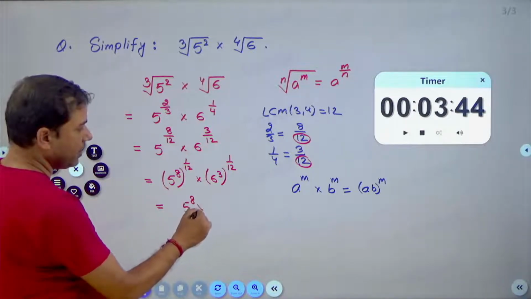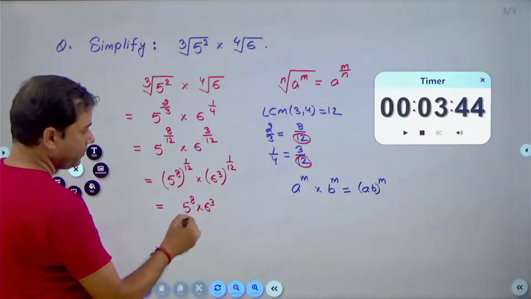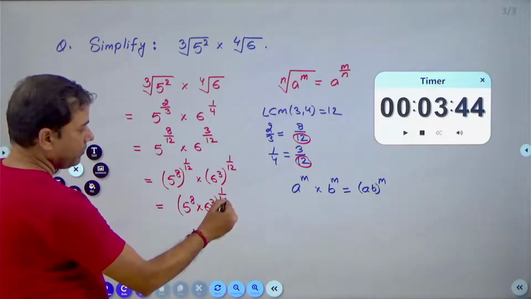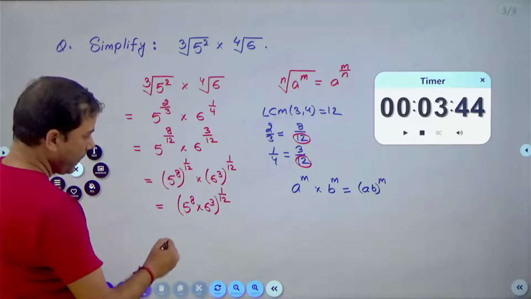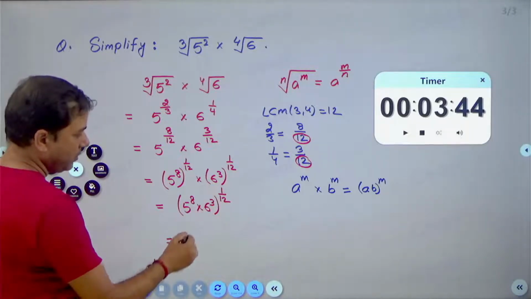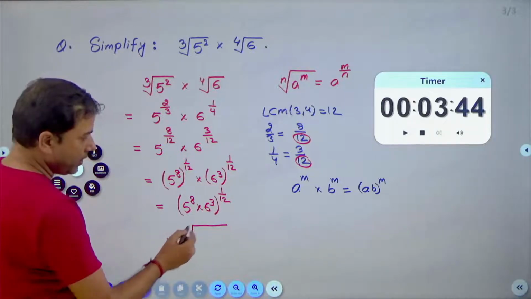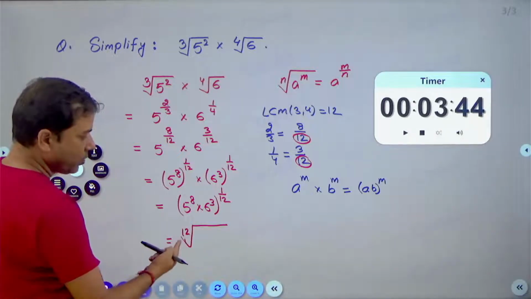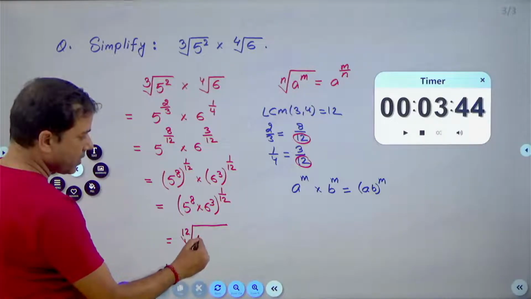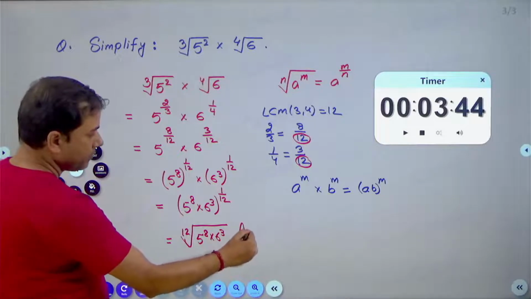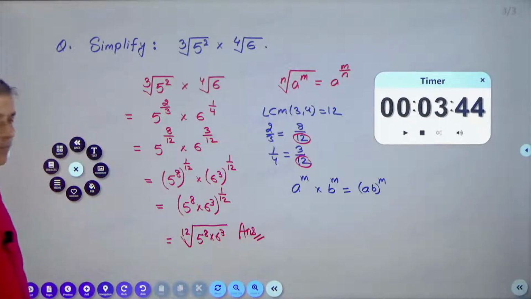I'll write it this way only, and the power is 1 by 12. Done. Now write it back in the form of a root, where the V shape will contain the number 12: the 12th root of this. Any question? No, sir.